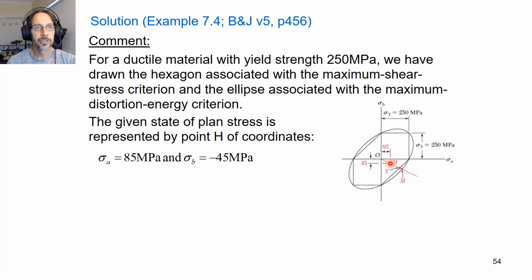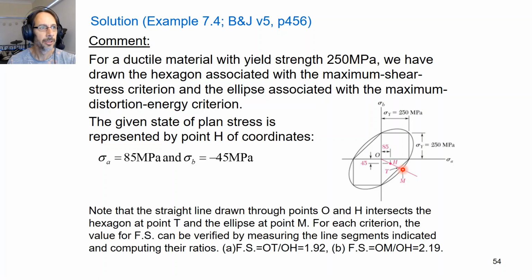If we increased the loading proportionally so that we move out along here, we get to this point here, which will be the point at which we predict yielding according to shear. Increase the loading a bit more, and we get to the point here where we predict yield according to the maximum distortion energy or the von Mises theory.